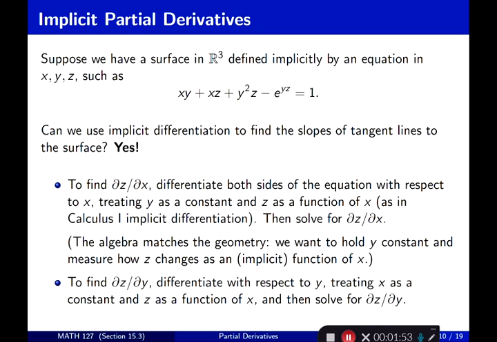To find, of course, the partial of z with respect to y, differentiate with respect to y, treating x as a constant and z as a function of y. Then solve for the partial of z with respect to y. So now let's try to take the implicit partial derivative of this surface that was given.